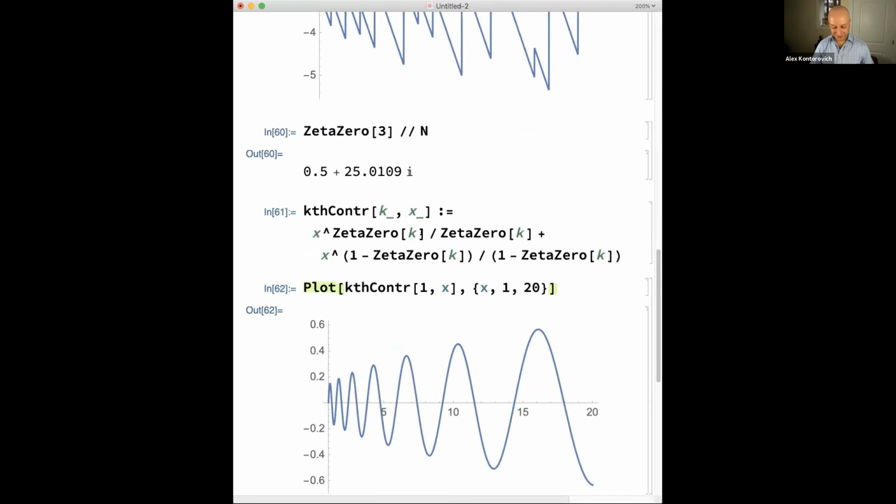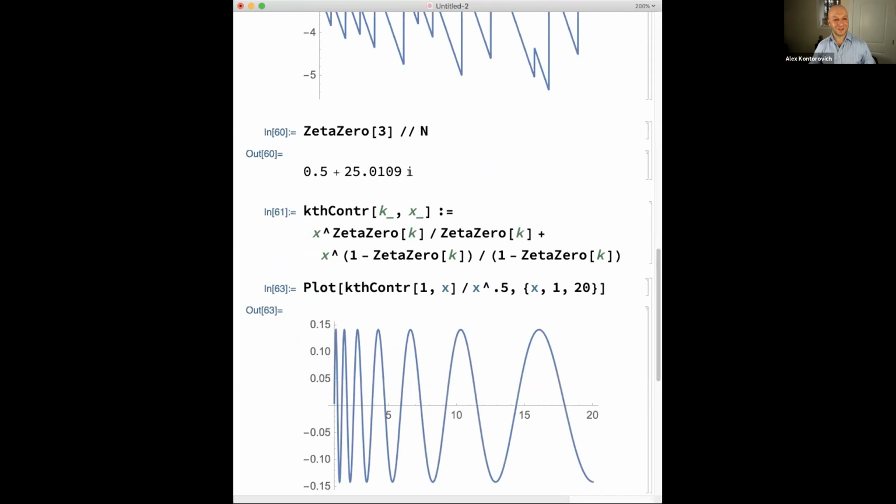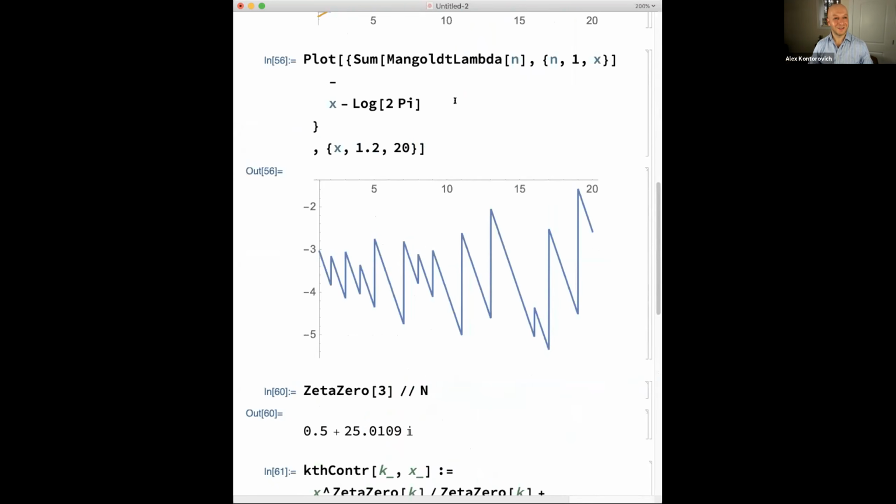If I divide by x to the 0.5, it's just a sine. It's just a sine with an extra log, because that's exactly what this is. It's x, which is e to the log of x. It's x to the 14i, and then plus x to the minus 14i. It's just a logarithmic sine function.